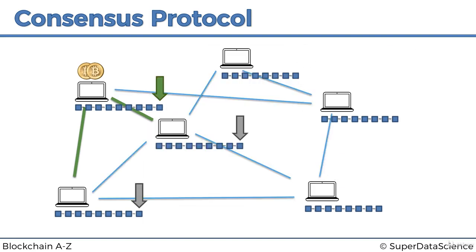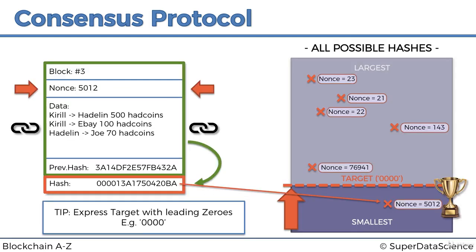So let's just go back here for a second. Here you'll see that to get to this nonce, you just have to go through billions of iterations. But to verify, it's extremely trivial. You just take all this information, you put it into the hashing algorithm, and you get the hash, and you just check that indeed it's under the target, or that it is what the miner is saying it is.